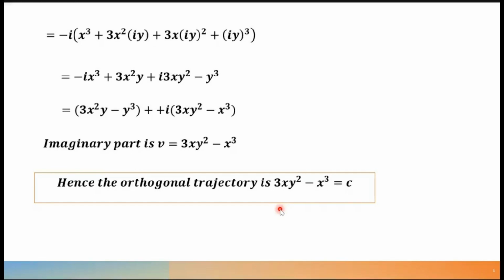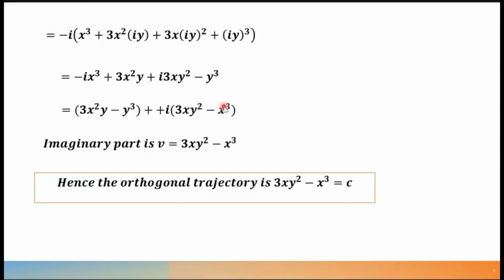So for that we are going to apply this analytic function procedure to calculate the orthogonal trajectory. The same procedure: I told you that the Milne-Thomson method is applied almost everywhere. Find the analytic function, put z equal to x plus iy, and then calculate the real and imaginary parts. The real part will be the given function, the imaginary part will be the answer.